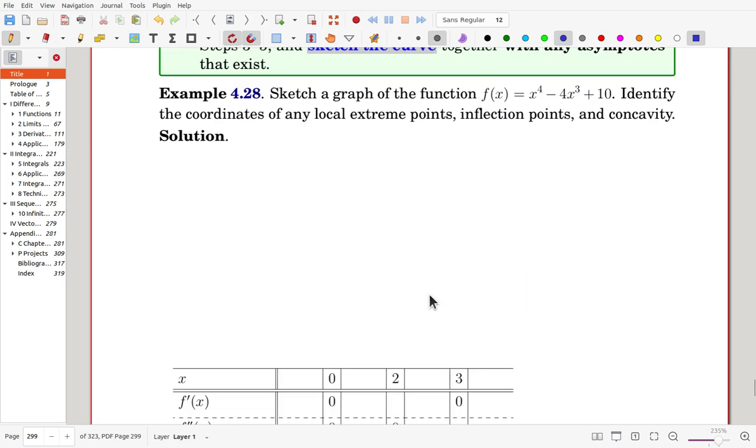Let's try to sketch the graph of the function given here, and identify the local extreme points, inflection points and concavity.